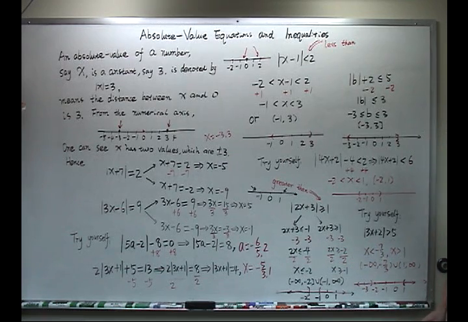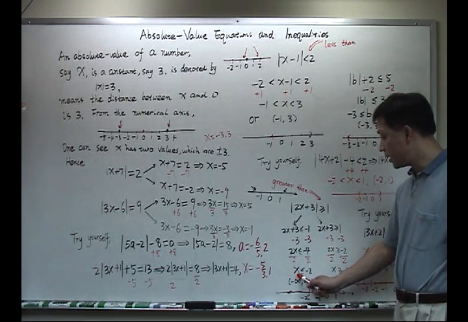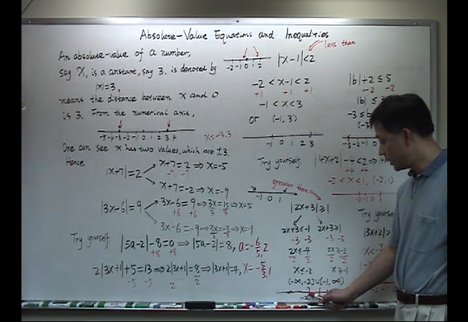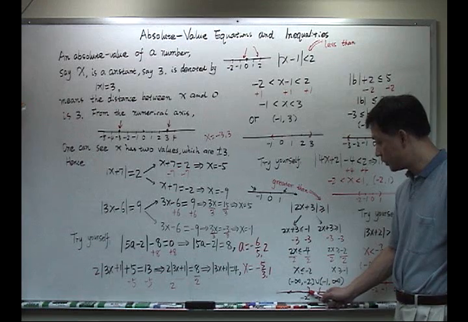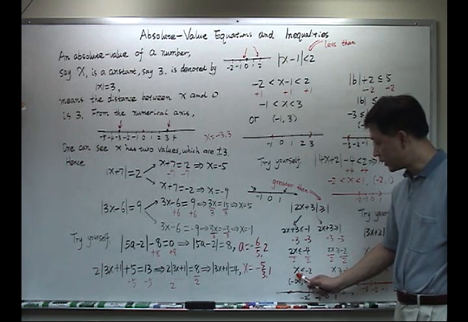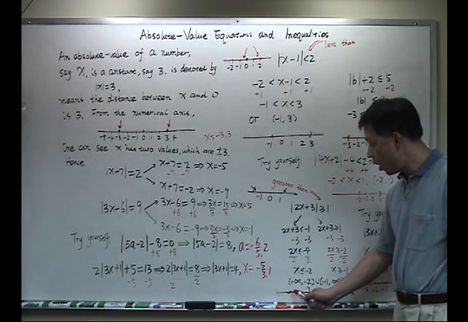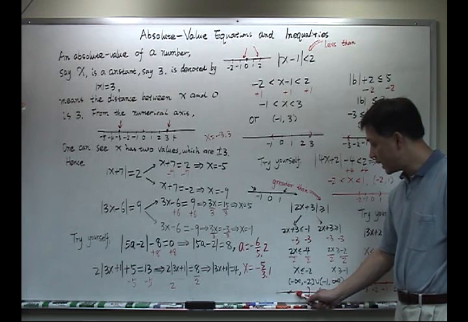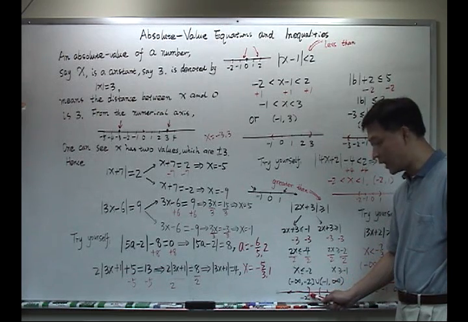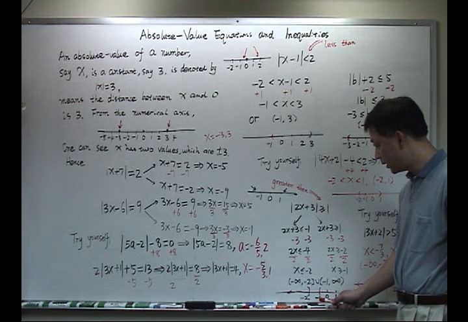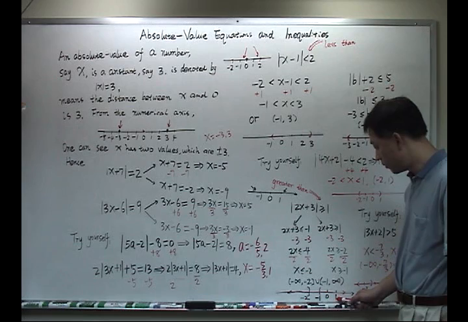So this tells us that x is either less than or equal to negative 2. Here is negative 2, so from this point to the left, because x is less than or equal to negative 2. Remember, all the values on the left will be less than the point on the right. You see, -2 is less than -1. -1 is less than 0. 0 is less than 1.